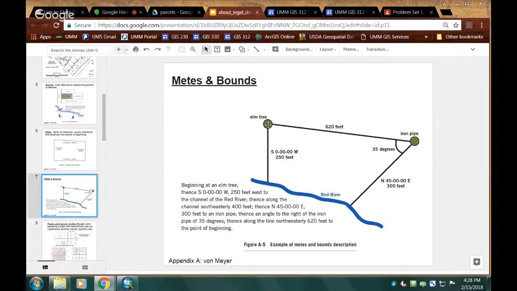So more typically a new surveyor will put an iron bar or pipe in the ground and measure from that location, or something else that's more tangible. And so trees, generally, you don't want to see that in a deed, but you do. So beginning there, then south in this direction.